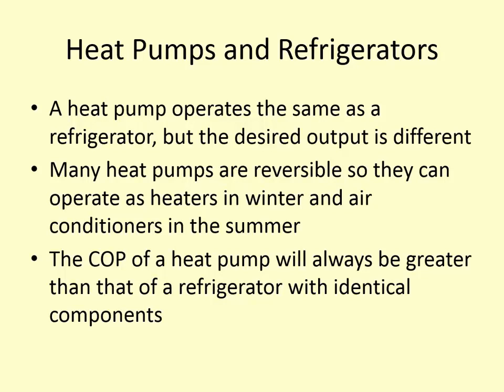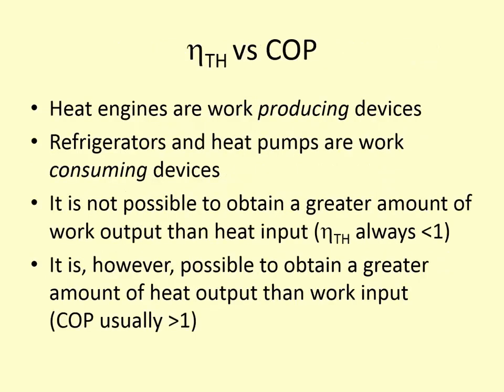Okay, and then the coefficient of performance for a heat pump will always be greater than that of a refrigerator with the same components, so identical conditions. So thermal efficiency versus COP: heat engines are work-producing devices, so they have a thermal efficiency, whereas refrigerators and heat pumps, or any other work-consuming devices that operate between temperature limits, we have to use the term coefficient of performance, because it's not possible to obtain a thermal efficiency greater than 1, but with coefficient of performance, it usually is greater than 1.